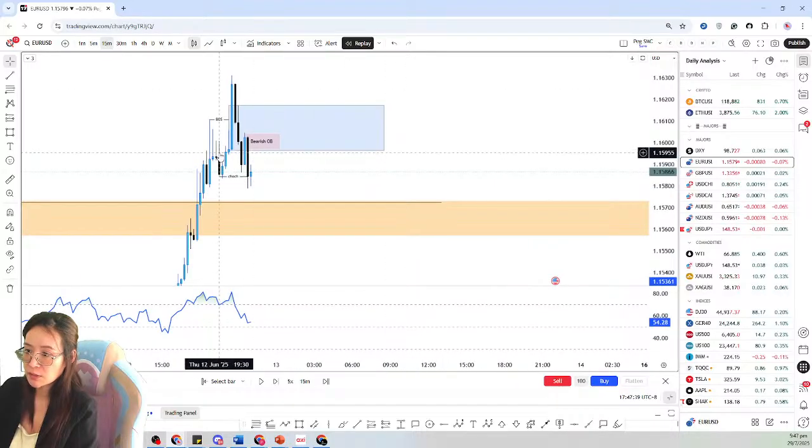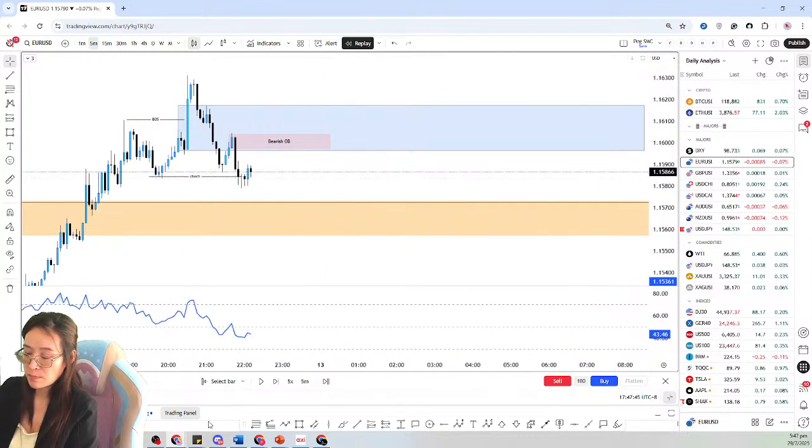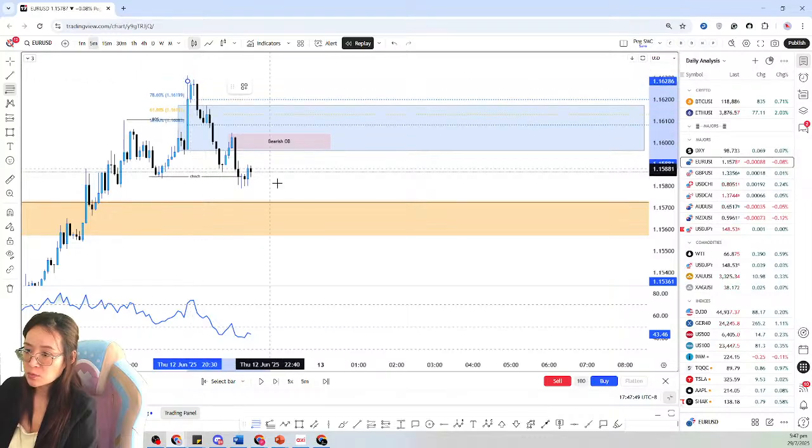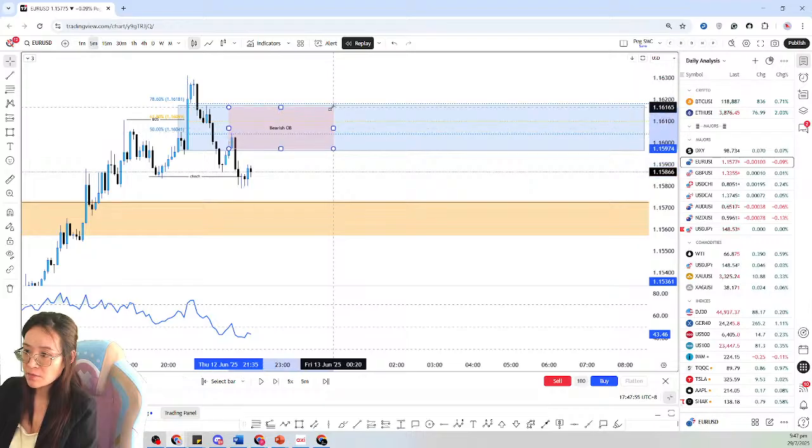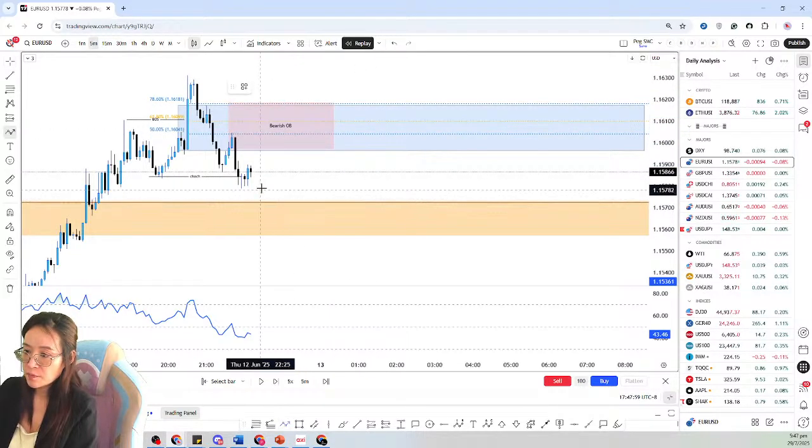What do I see? Okay, price also ending with a bearish engulfing, right? That's gonna be a bearish OB. Let's say I want to wait for price to come at least how many percent? 50, or maybe somewhere around here. That could be my sell zone, meaning that if price rises to this zone, I'm gonna sell. Okay, let's see.